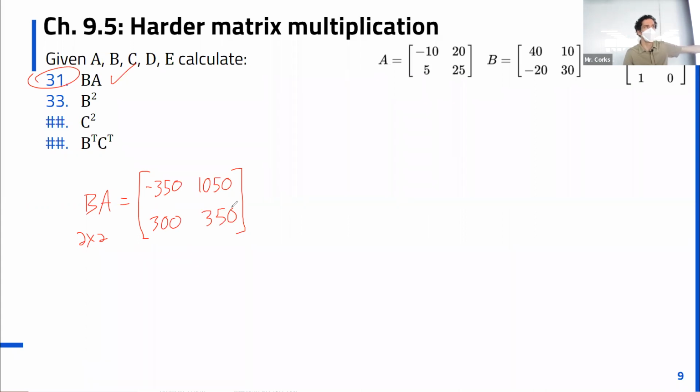Yes? No? Second row, 350, 350. Okay, so in class we're hearing the second row should be 350, 350.